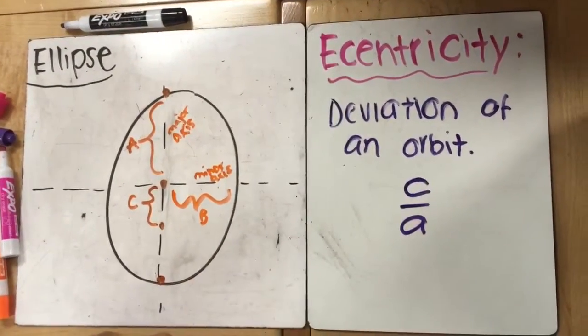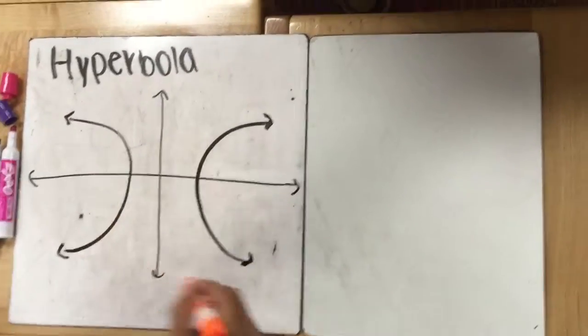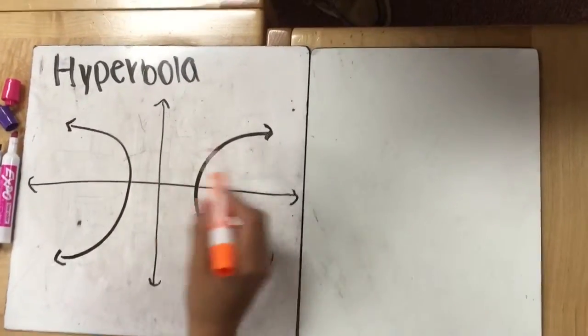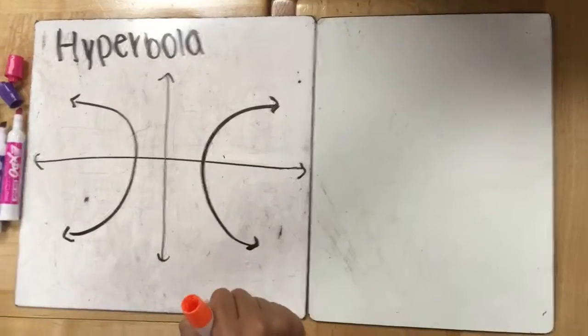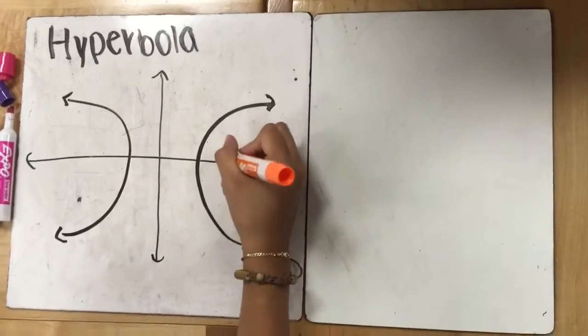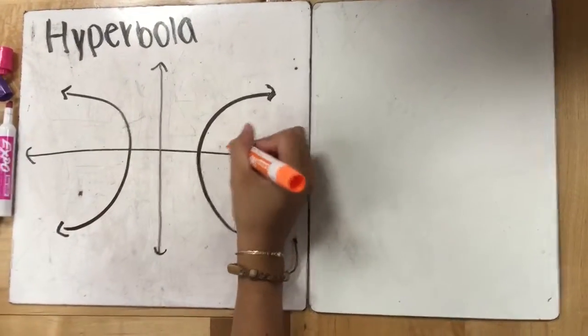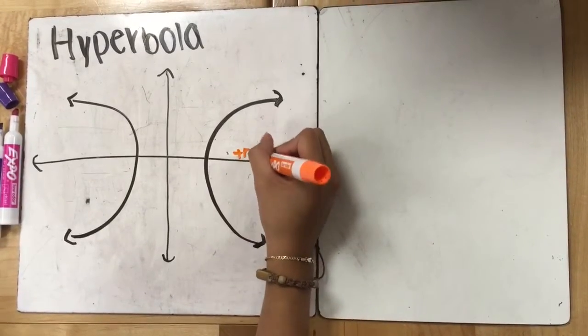So here's our hyperbola, and they're basically two parabolas, as you can see, facing away from each other. This axis right here is going to be called our transverse axis.